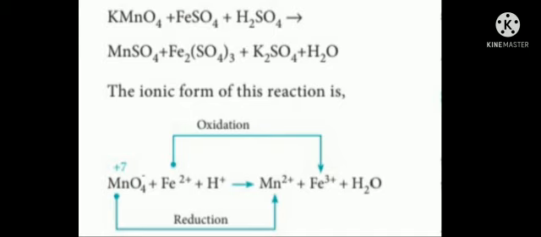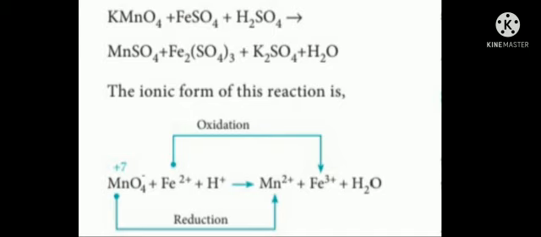Here the oxidation number of Mn in MnO4 minus is plus 7. The conversion of Mn7 plus into Mn2 plus is called a reduction reaction, since gaining of electrons takes place.